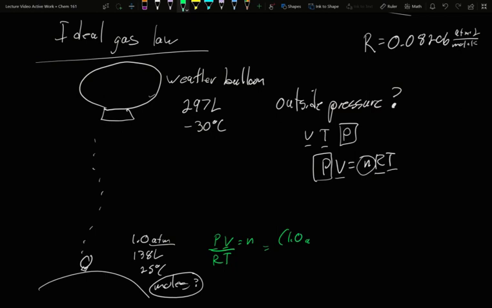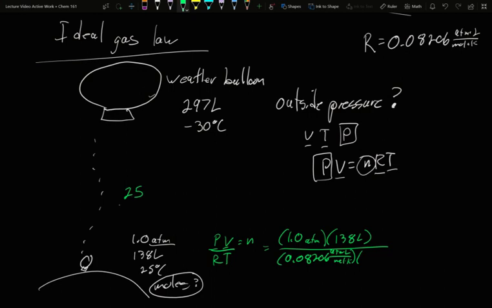Pressure was 1.0 atmospheres. Our volume was 138 liters. Our R value is 0.08206 atmosphere, liter, mole, and Kelvin. And our temperature, well, I need it in Kelvin. Our values always come in Kelvin.